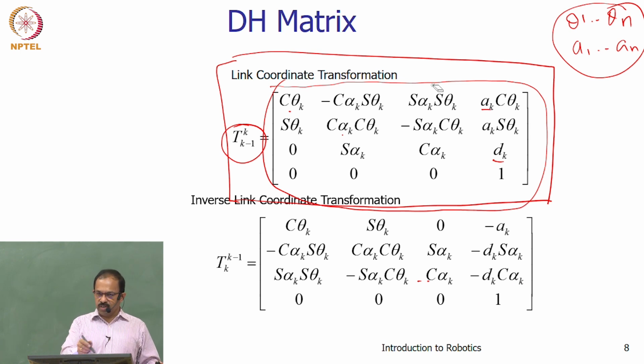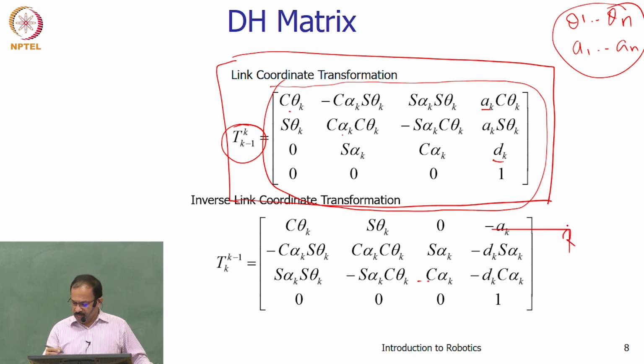The inverse of a homogeneous transformation matrix can be obtained by taking R transpose and minus R transpose P, as we saw in the previous class. The same application applies here, and you get the inverse transformation, k-1 to k, also.